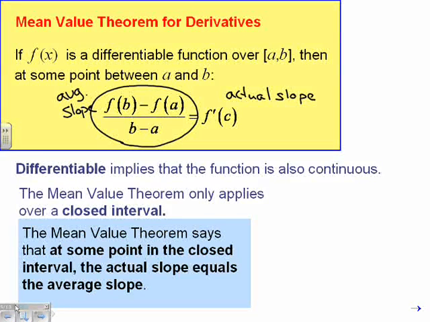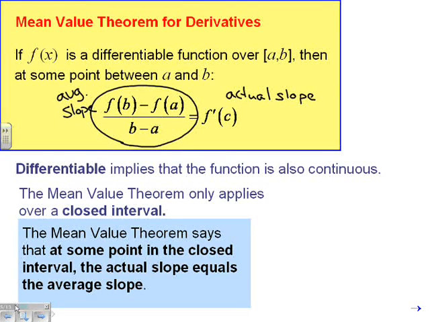So the mean value theorem says at some point, the average and the actual have to be the same. That kind of makes sense. And we'll look at some problems where it kind of has to work out like that. But if something is your average, at some point, even if it's only for an instant, the average and the actual are going to match up. And that's where this kind of comes in handy.